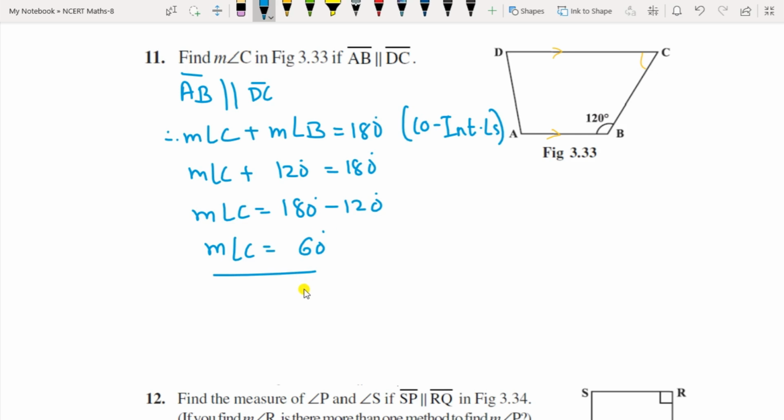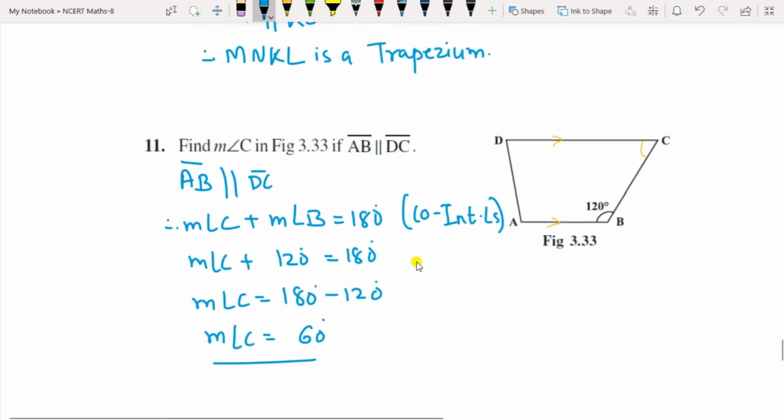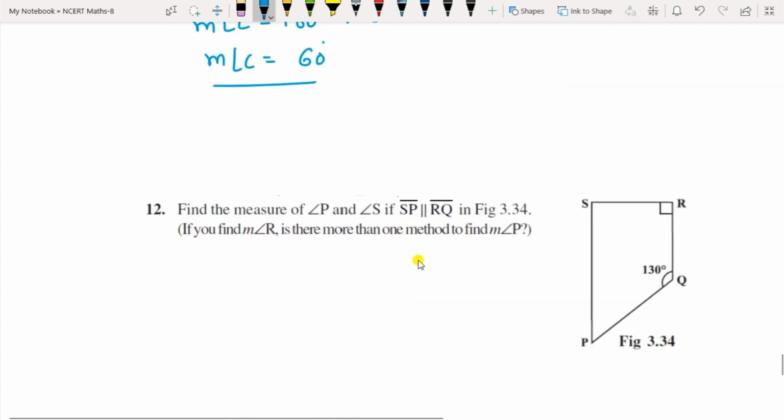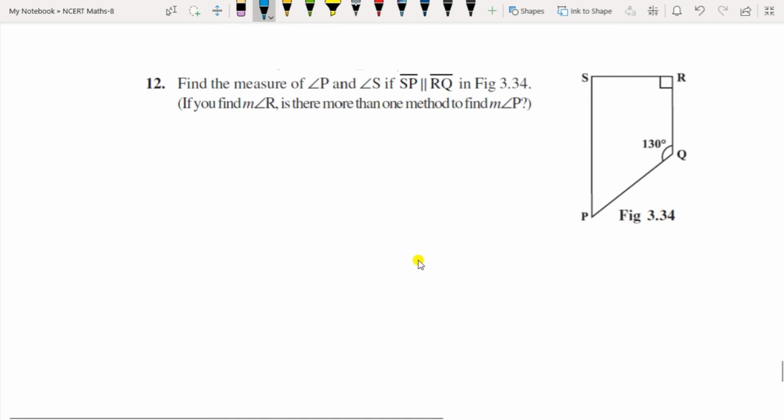So this way you have to solve it. Next question is, they are asking only to find measure angle C, in the figure 3.33, if AB is parallel to this. Next question is question 12.